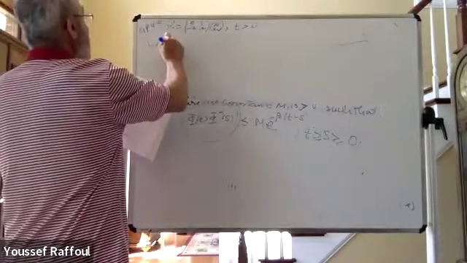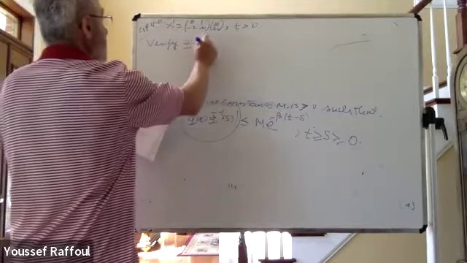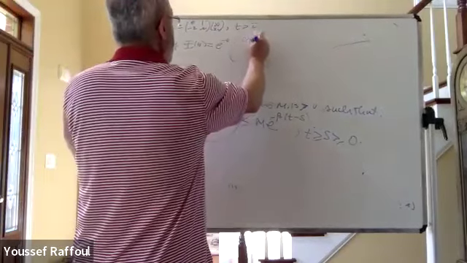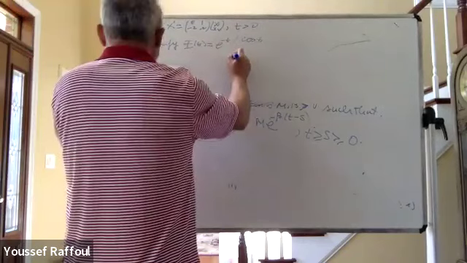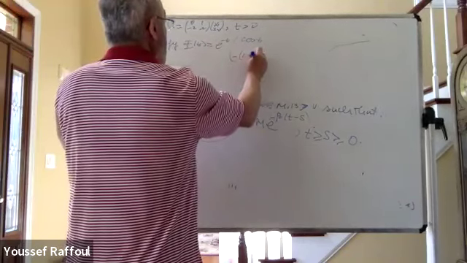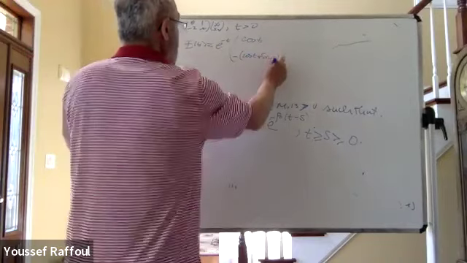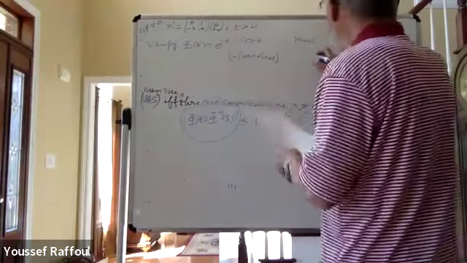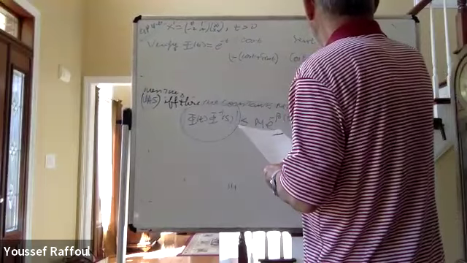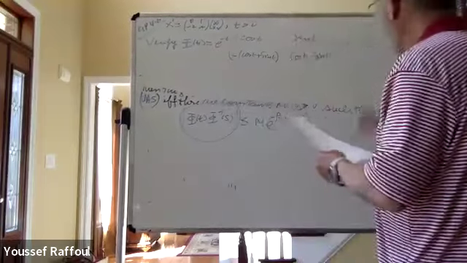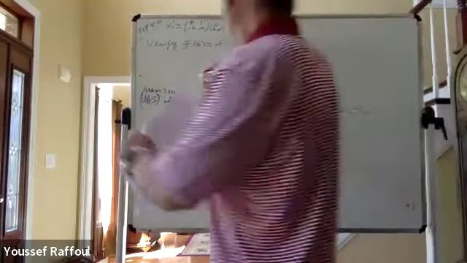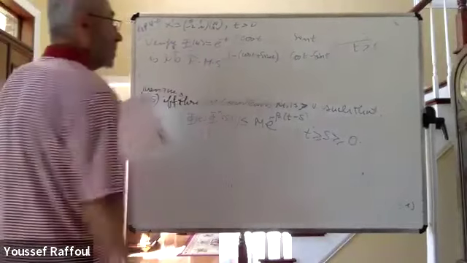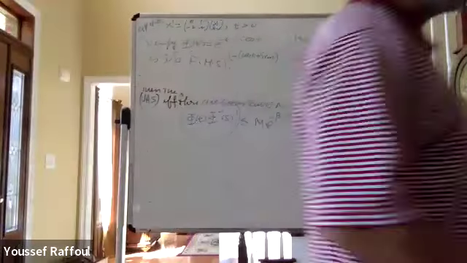Again, you can verify that phi of t equals e to the minus t times the matrix [cosine t plus sine t, sine t; minus 2 sine t, cosine t minus sine t] is its fundamental matrix solution. Okay? You can verify this as we did before.